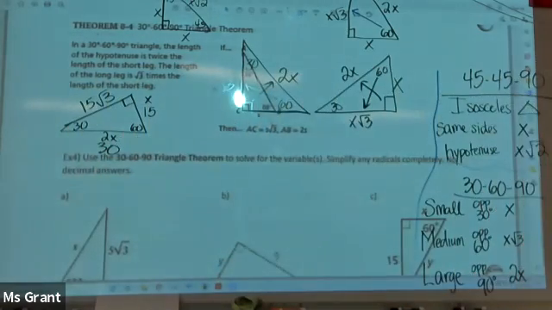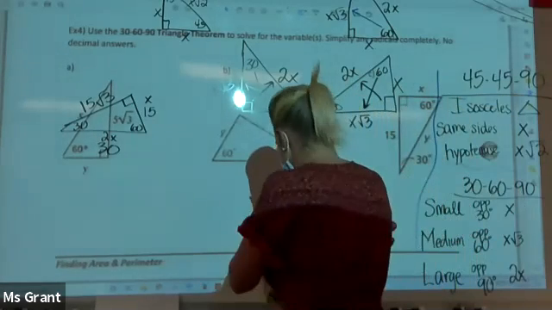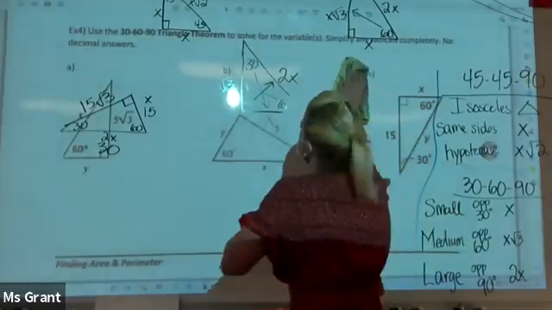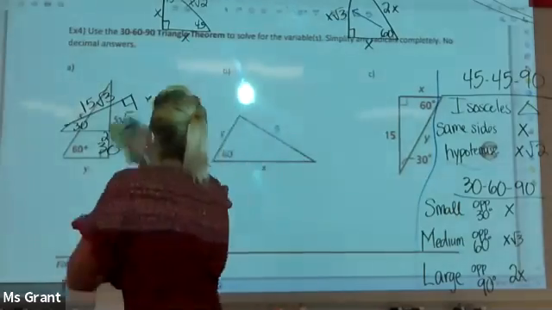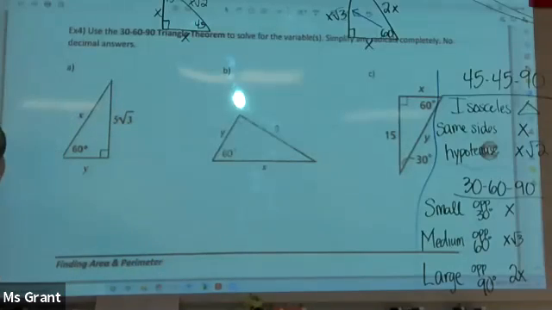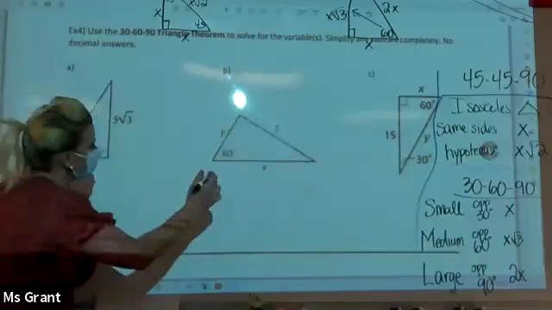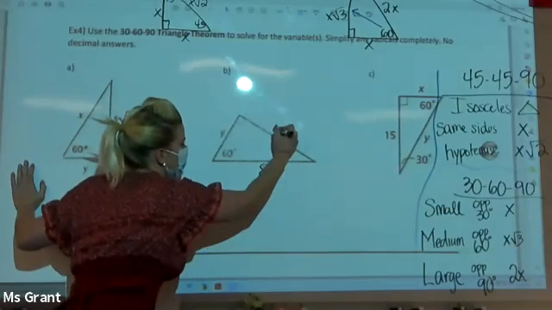I'm going to scroll down to ABC. I have a change to make on triangle B. Please on B, make this an 8 and cross out the 9.